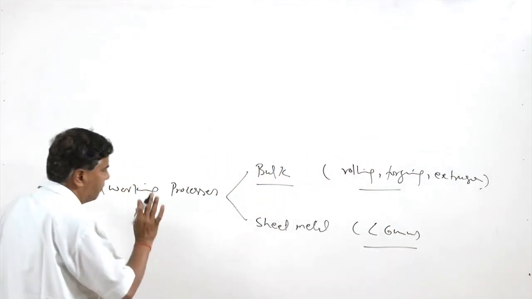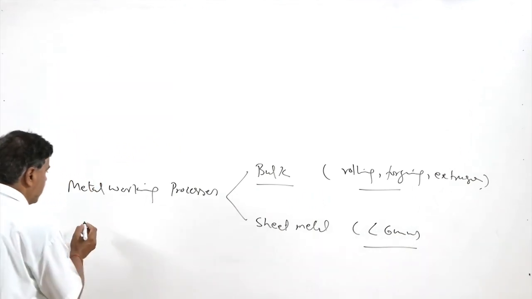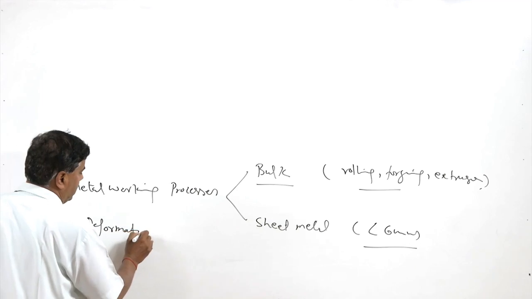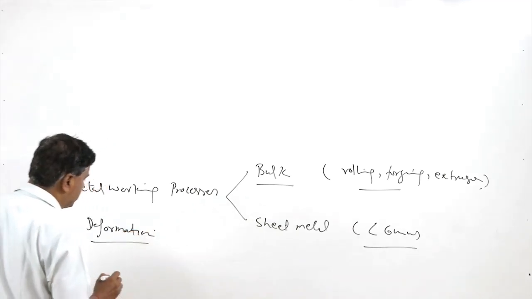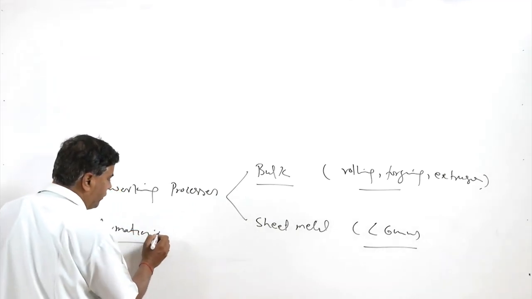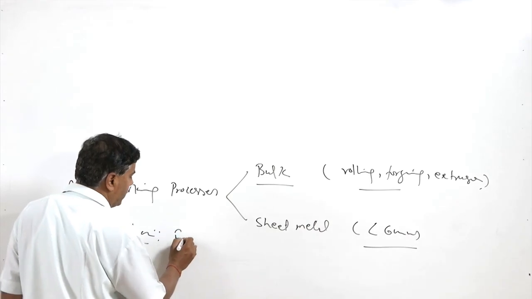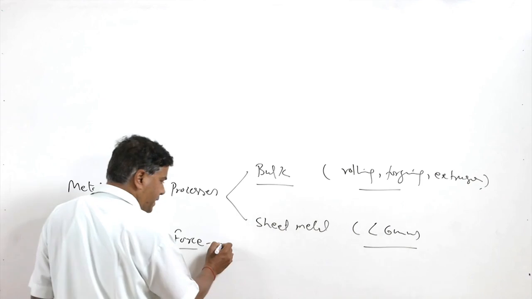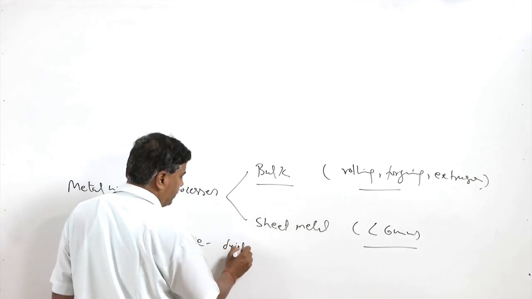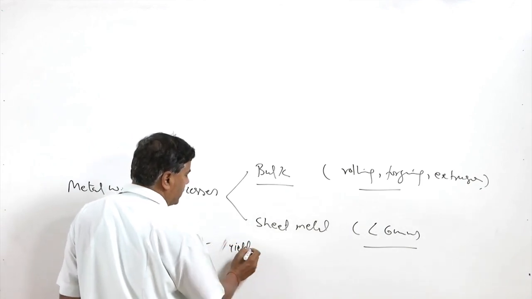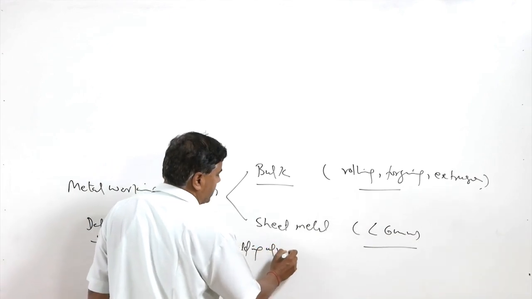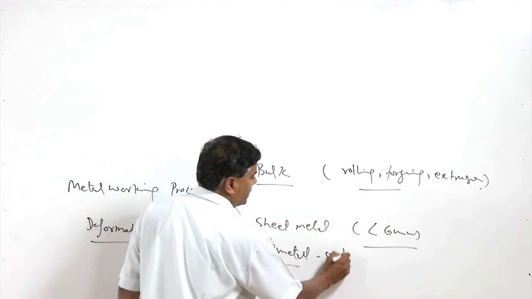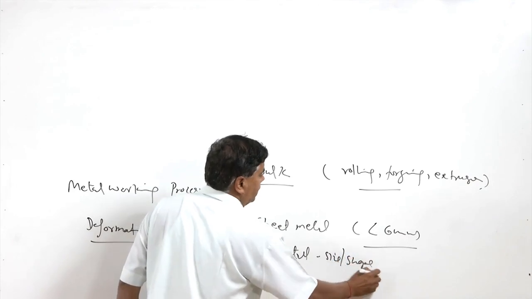Since the approach in these processes is deformation based, whether it is bulk material or sheet metal, it is necessary to apply force so that it exceeds the yield strength of the metal, and yielding or deformation of the metal takes place in order to get the desired size and shape in the product.